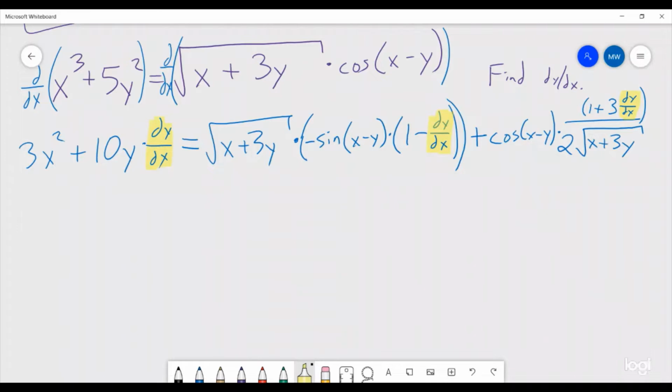So let's multiply out the pieces that we need. First off, let's take this negative sign here and distribute it through to these pieces. So that's a plus, a negative 1, and a plus right there, just to make our distribution a little bit easier. So after we distribute out the multiplication, we get 3x squared plus 10y.